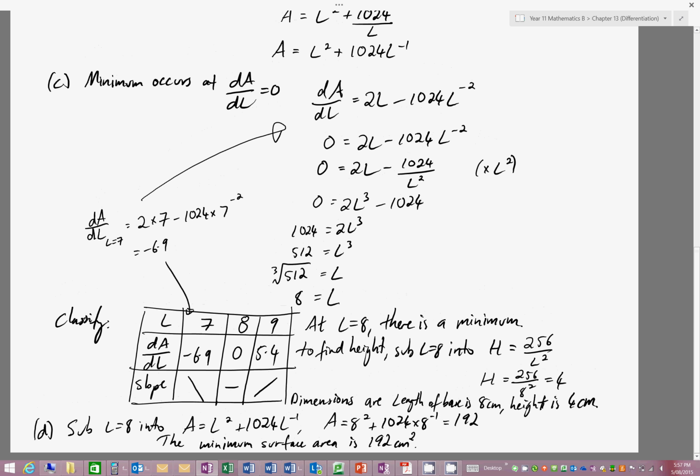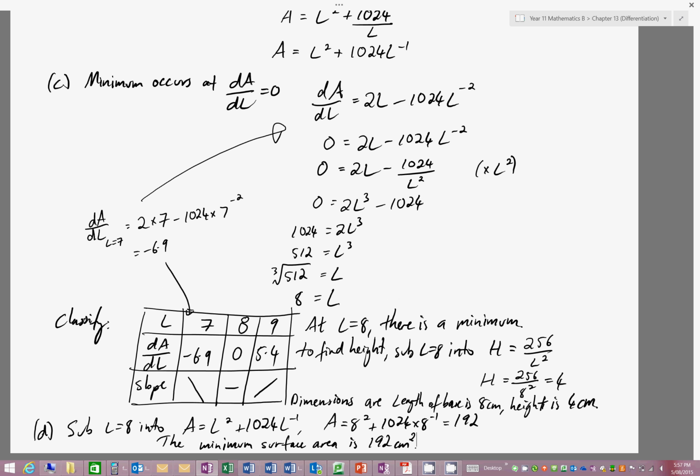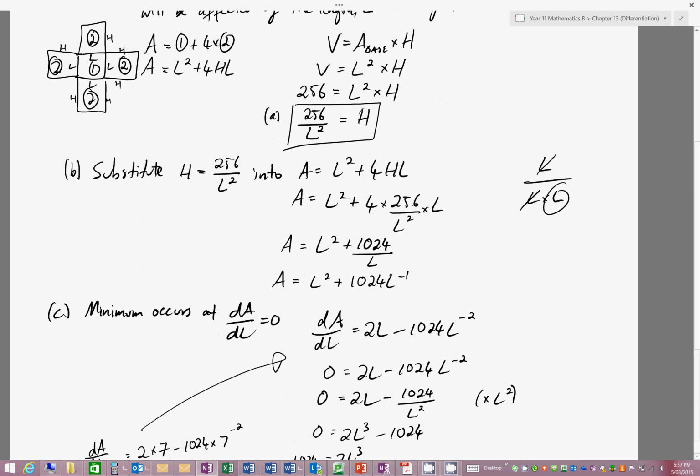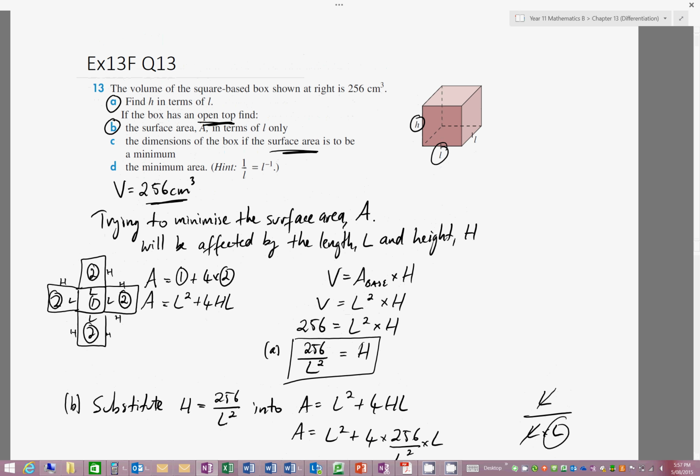So what we've done is found the dimensions that use the minimum surface area. It'll only use 192 centimeters squared of material to make a box that has a volume of 256 centimeters cubed.